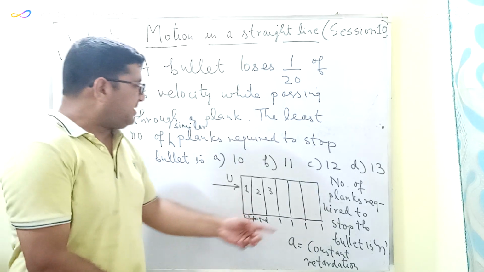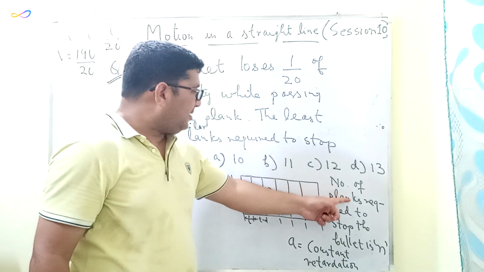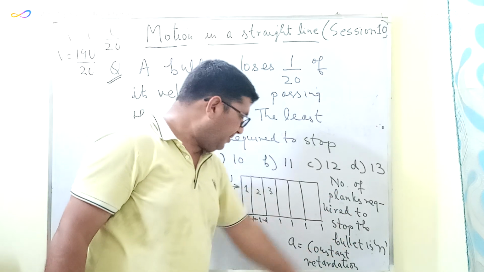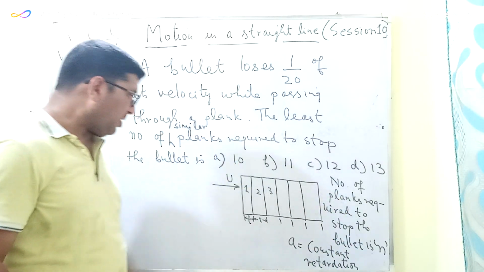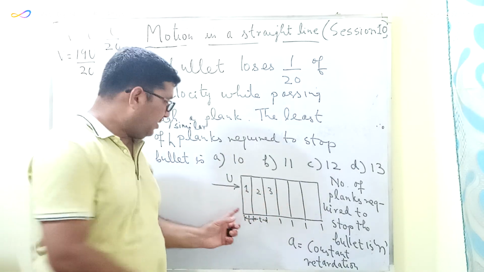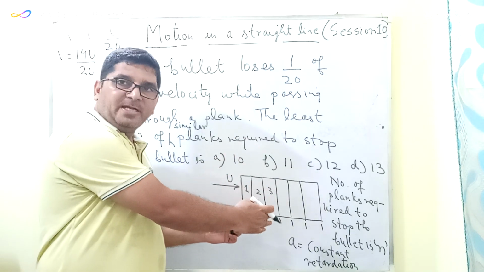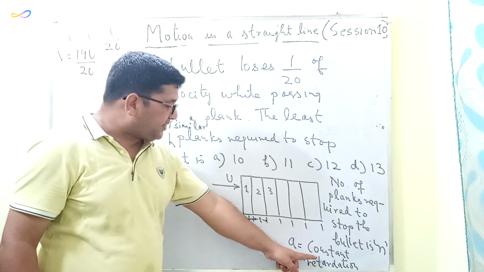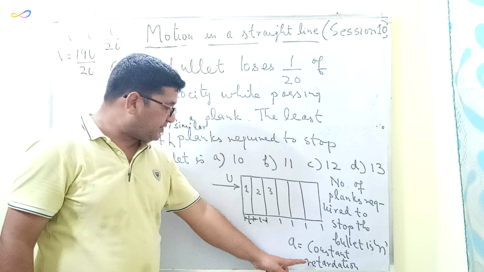Here I have considered that the number of planks required to stop the bullet is small n, and when the bullet passes through this combination of n planks, it is subjected to a constant retardation equal to a.